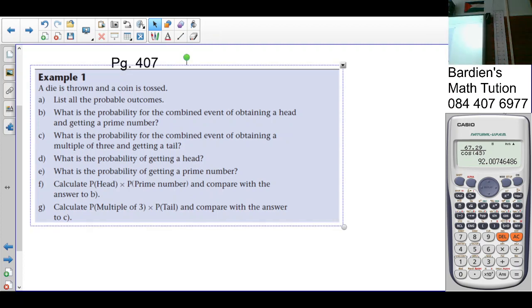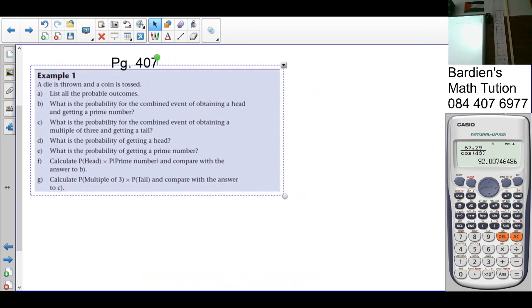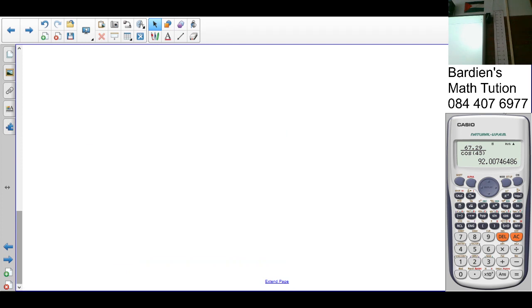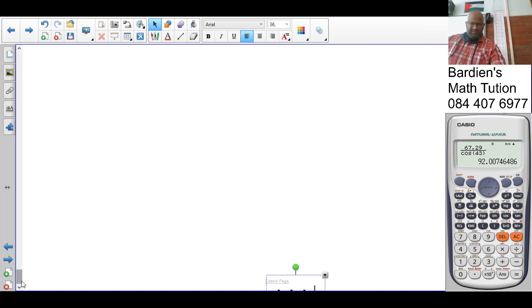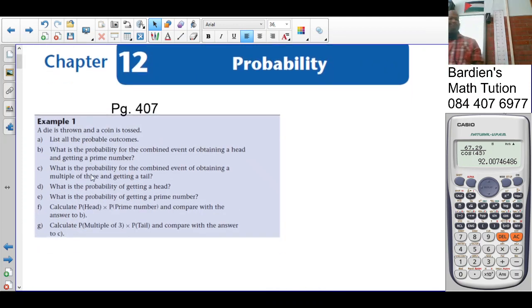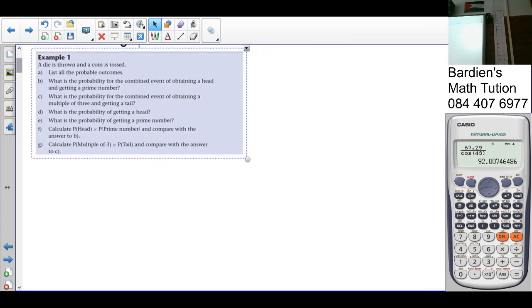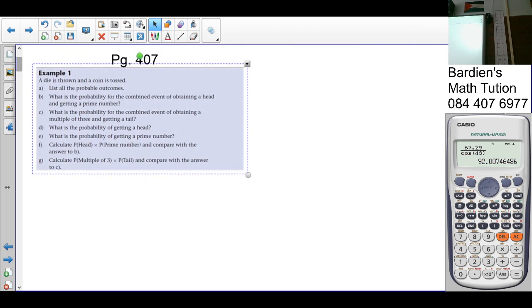So we are told in example 1 on page 407: a dice is thrown and a coin is tossed. You guys know what a dice is, no? Okay. If you're looking at a dice or a die, one die, many dice, there's a plural and all of those things you do in English.